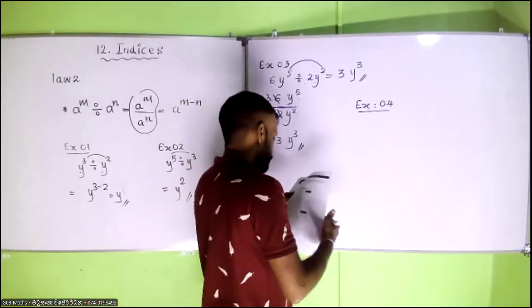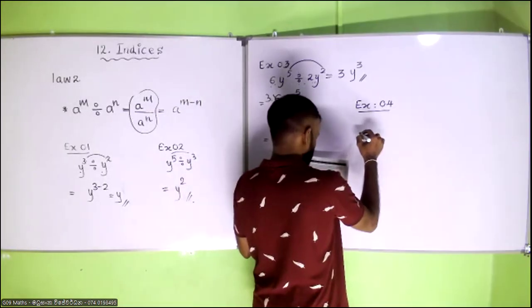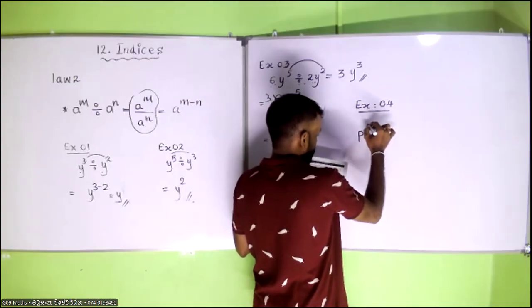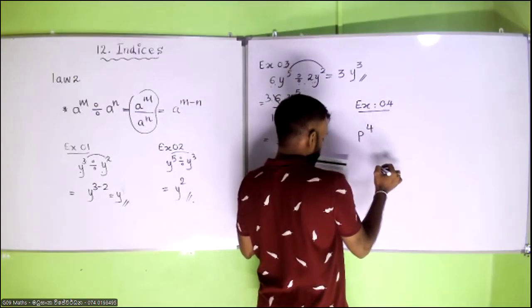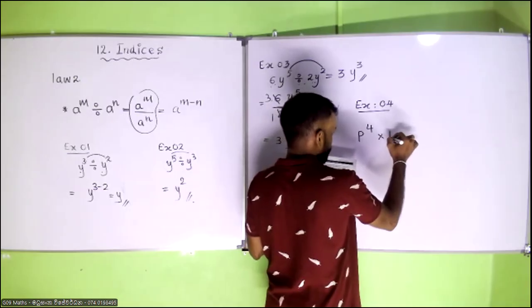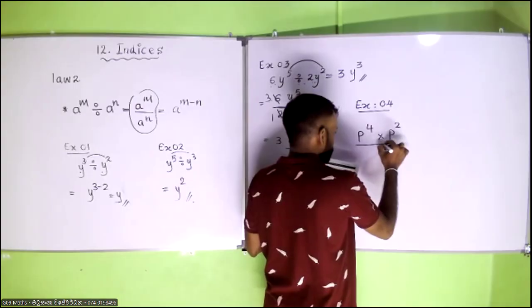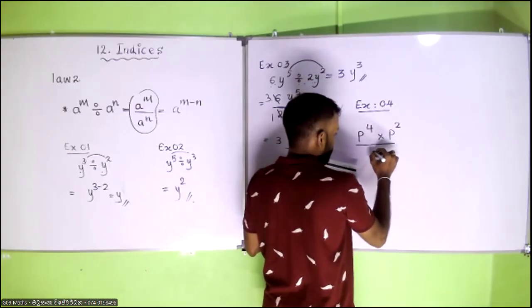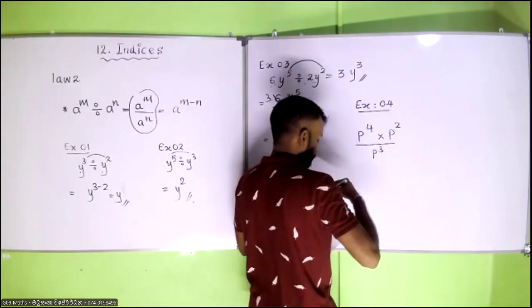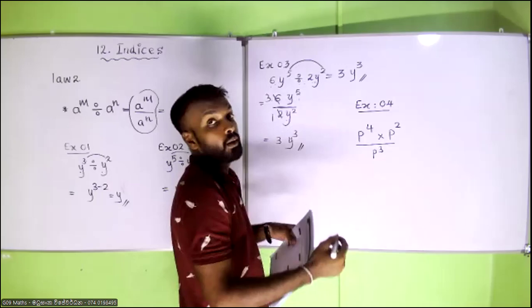So in the question, p to the power 4 multiplied by p to the power 2 divided by p to the power 3. Method 1.